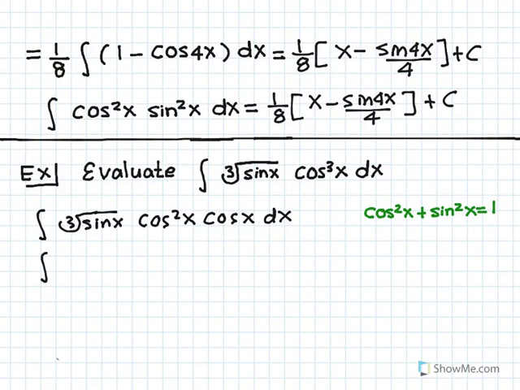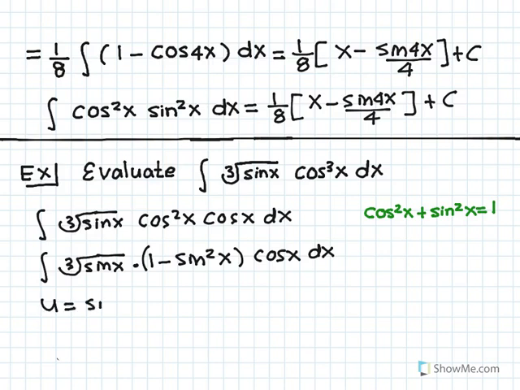So we have the integral of the third root of sine x times cosine squared x, that's 1 minus sine squared x, times cosine x dx. Now let's apply the substitution technique. We will let u be equal to sine x. Its derivative du will be equal to cosine x dx.